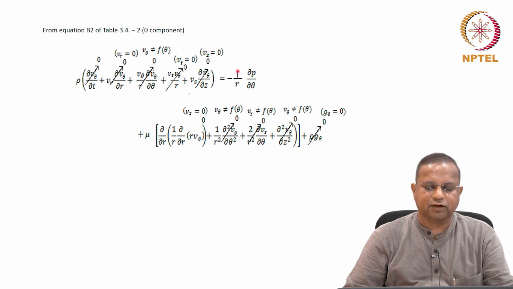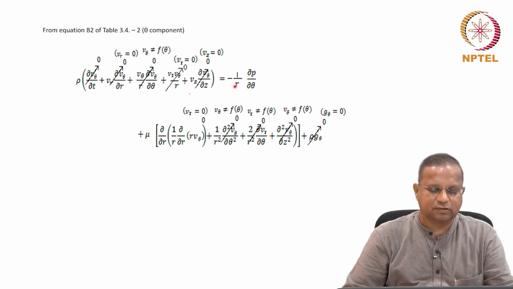Of course, you have equal to minus 1 by r dou p dou theta, that remains. Here V theta is there, therefore this remains. Okay, there is no Vr, right? Yeah, this remains. Here, yeah, V theta is there. Yeah, then there is no Vr here. Yeah, so this remains. Here you don't have V theta as a function of theta, so this goes to 0.